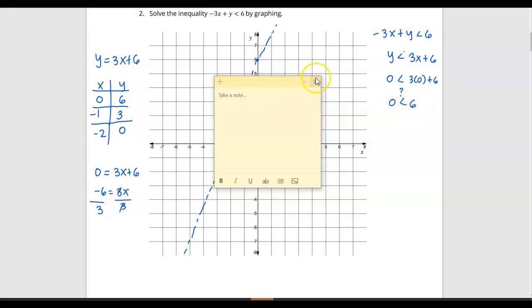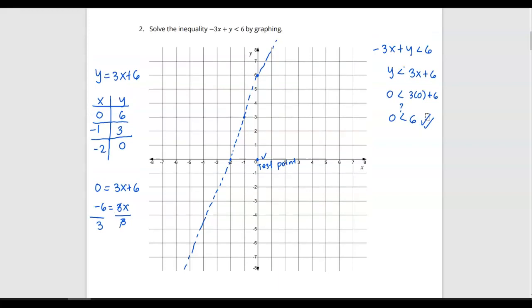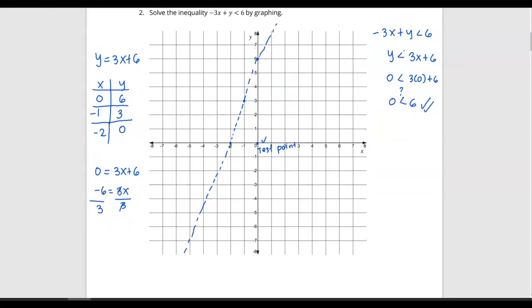The answer is yes, 0 is less than 6. So therefore, this one is correct. This point is in the region, and therefore we say that this region here is the solution, because the test point satisfies the inequality.